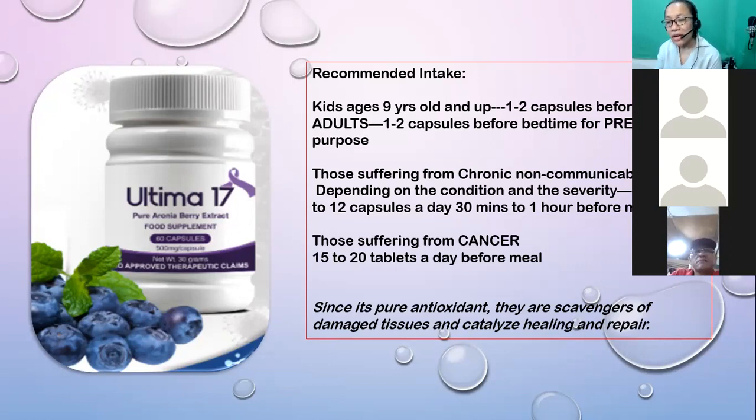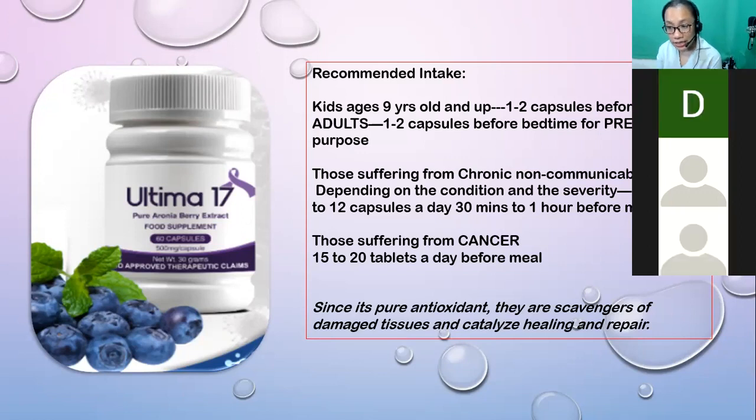Now, since it is pure antioxidant, they are scavengers of damaged tissues and free radicals and catalyze, meaning they speed up healing and repair. Remember, people with chronic diseases are already bombarded with a lot of free radicals, a lot of oxidative stress, and a lot of inflammation. So they need more help.